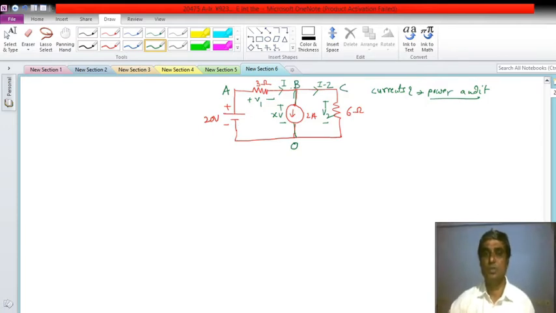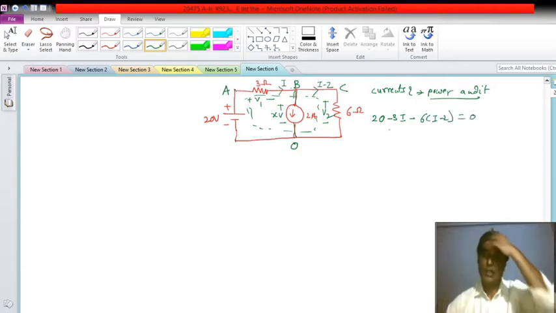So how can you calculate I? In this branch I know the current, so I will exclude this branch and take this loop, and let me write the KVL for it. If I'm going from O to A, it will be a rise, that is 20 volt, minus the voltage drop V1, that is 3 into I, minus 3 into I, again I will go here, again it is minus 6 into I minus 2.